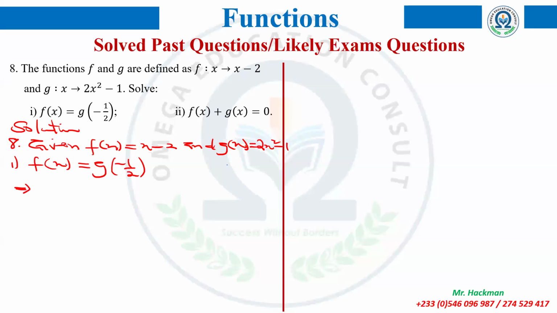Then f of x, you know that is direct. So you substitute: x minus 2 is equal to g of minus half. This means wherever I see x in g of x, I put minus half there. So this side will be 2 times minus half squared, minus 1. Is my point well made? Because g of minus half means wherever I see x in g of x, I put minus half there.